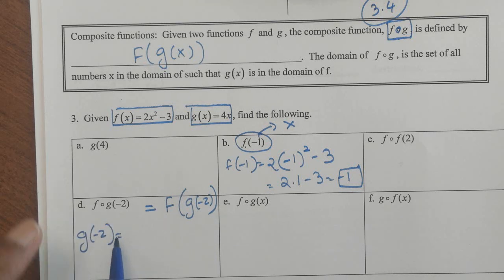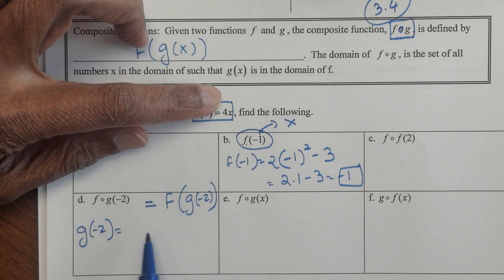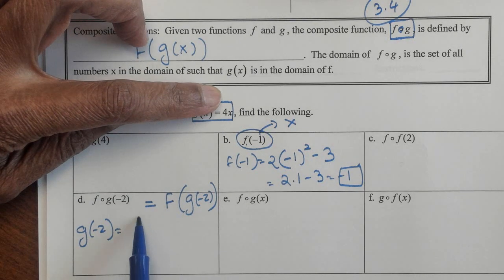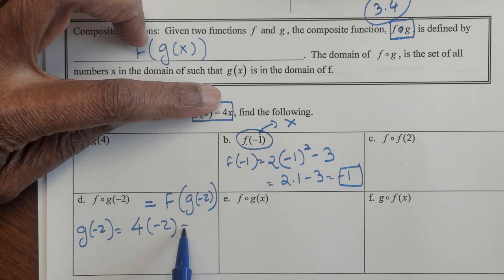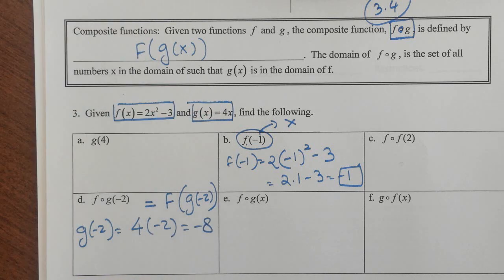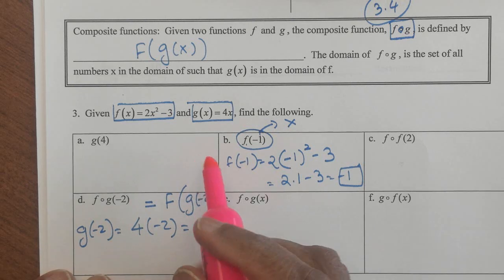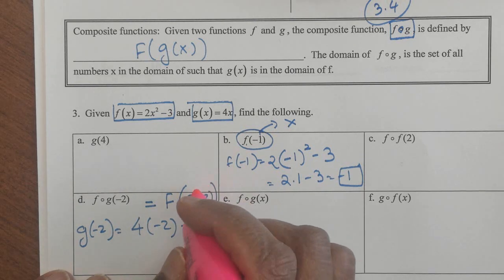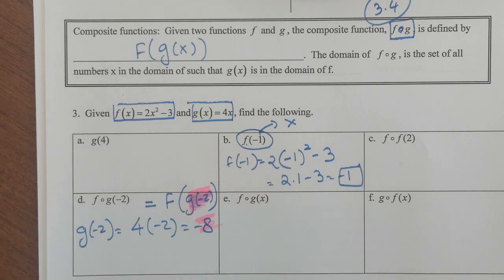That means you go to the function g, where x is equal to -2, so 4 times -2, which is -8. But we don't stop here. We have only done the inside one, whose value is -8. So I want to take this -8 and apply it to the outside function, which is f.